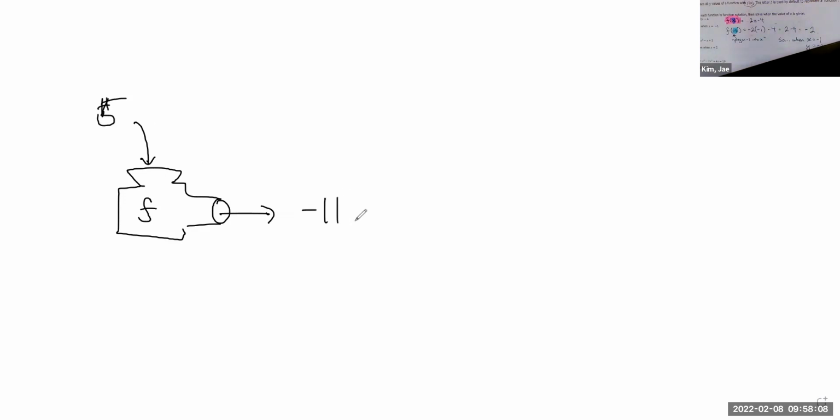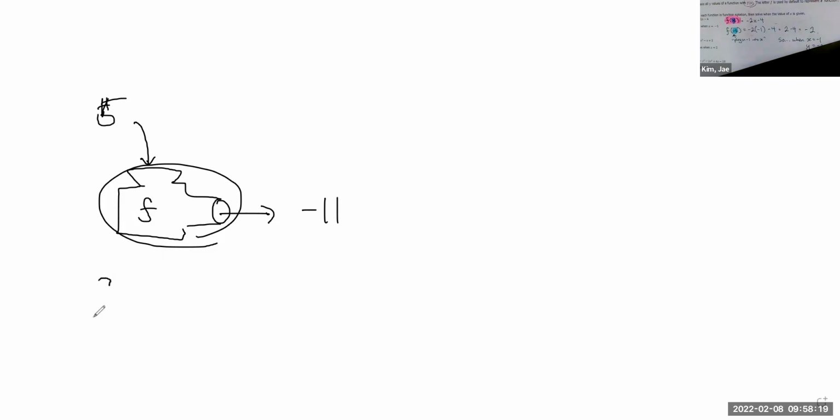Let's say you have a machine that is called F. You put something in the F machine and it spits out another number. That's literally what the textbook says, not verbatim, but it's like you put a number in there. Let's say you put a 5 in there and it will spit out a negative 11. This is the function. And I think that's a terrible way, but the textbook has it, so there it is.